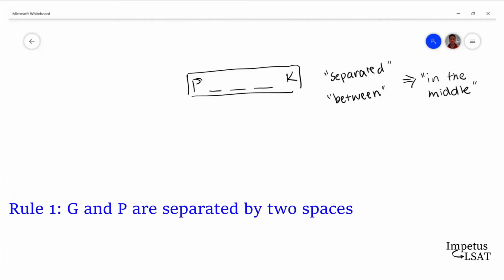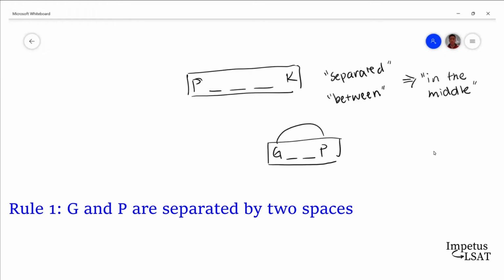G and P are separated by 2 spaces. Notice how we have one of these terms. We have the term separated. Okay, so what that in turn means for me is the number 2 is the number of spaces in the middle of G and P. So that is why our final diagram ends up looking like this, okay? And then of course, again, we have the switch there.